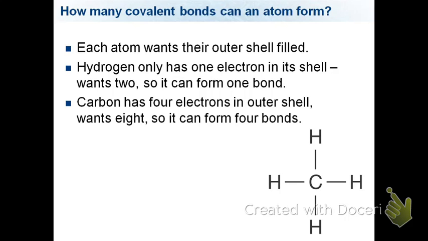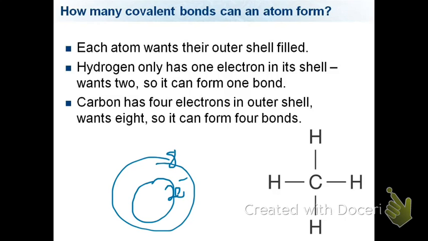Each valence shell, think about how many electrons a valence shell can hold. If you remember, we said that the first shell can hold 2 electrons. In the second shell, 8 electrons.